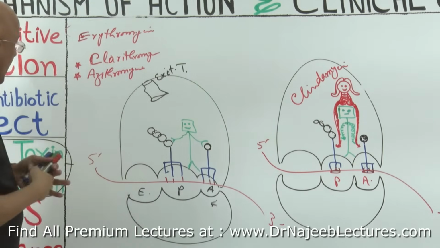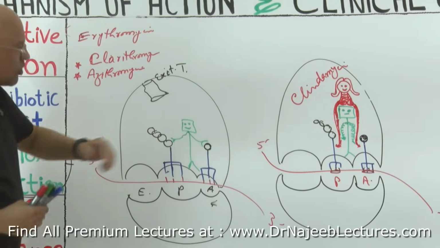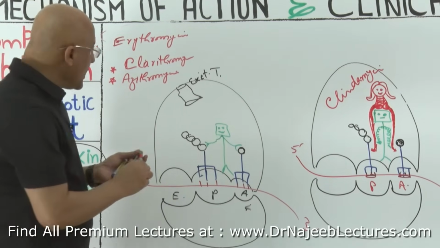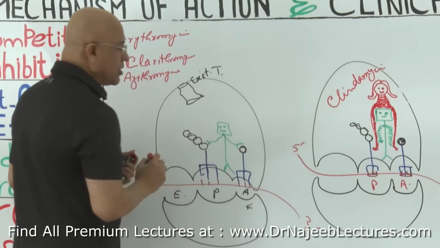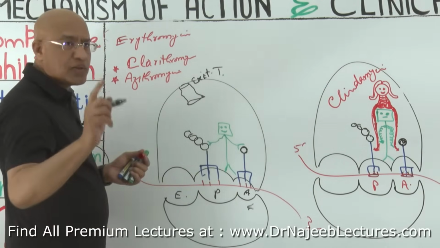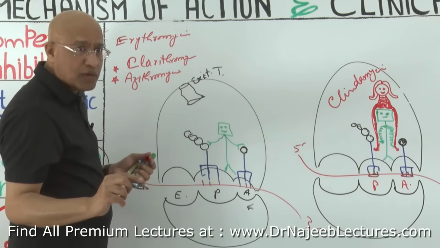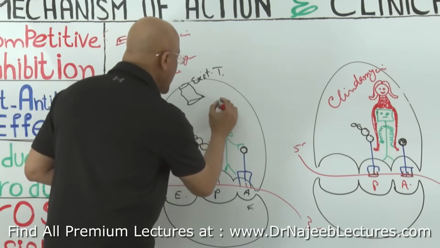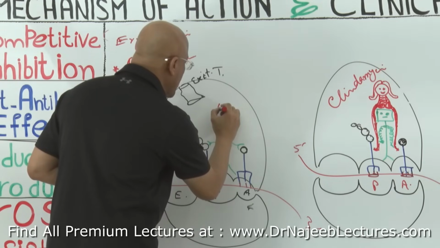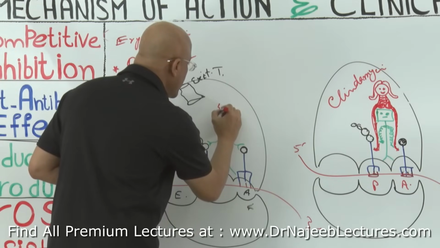Now, these are macrolides. How do the macrolides work? Actually, macrolides also work on the same peptidyl transferase, on the same ribozyme, on the same 23S ribosomal RNA. But look here, it is the macrolide, the lady macrolide sitting over here.